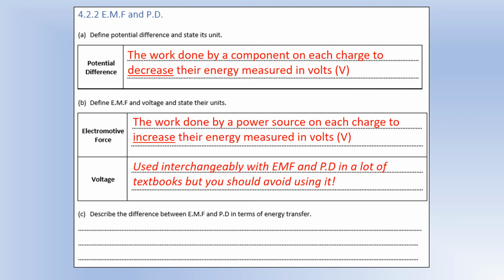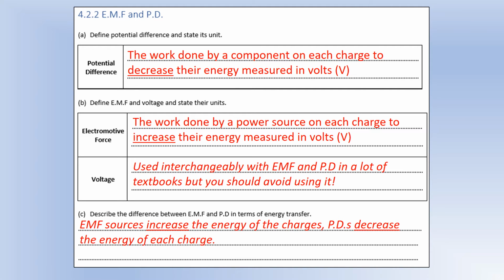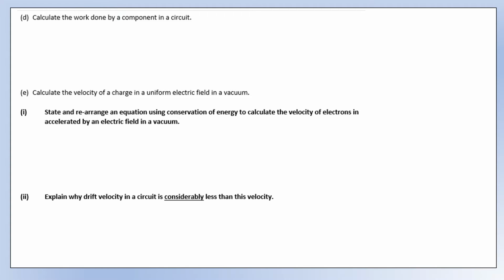So what we do is look at the difference between potential difference and EMF, and the key is the direction of the energy transfer. An EMF is increasing the energy of our charges or our coulombs. Potential differences are decreasing the energy, and that's the difference there.